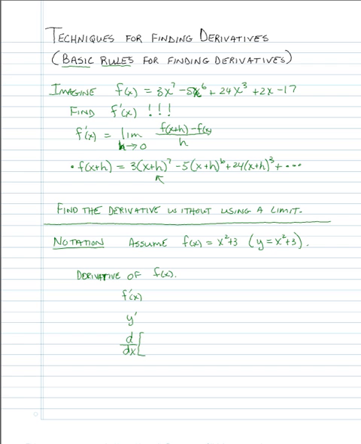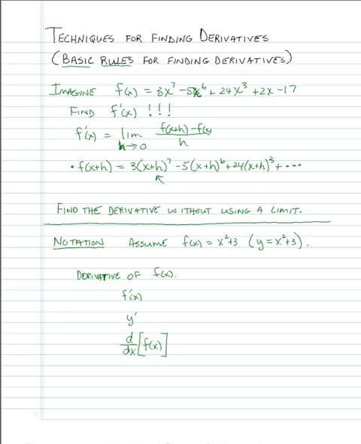And then over here, we tell what we're taking the derivative of. So in this example, we were taking the derivative of the original function f of x. And the denominator is read with respect to x, which is just referring to the variable that we're dealing with.